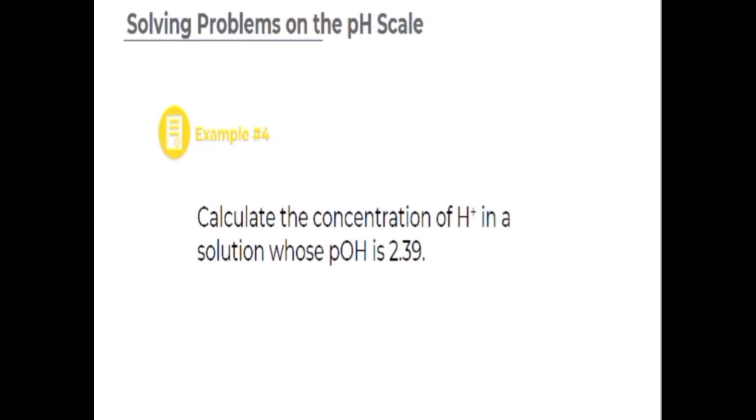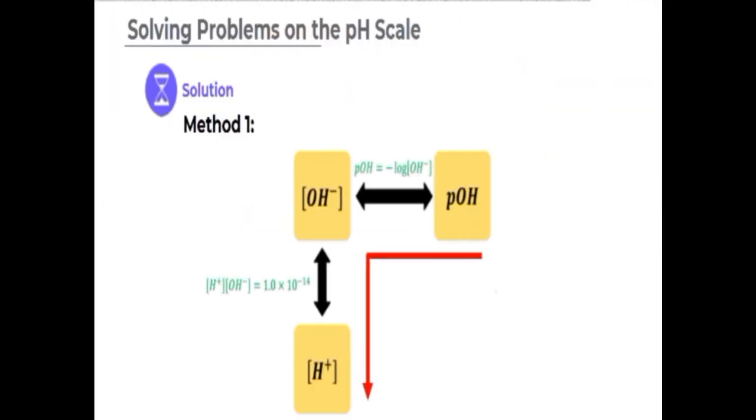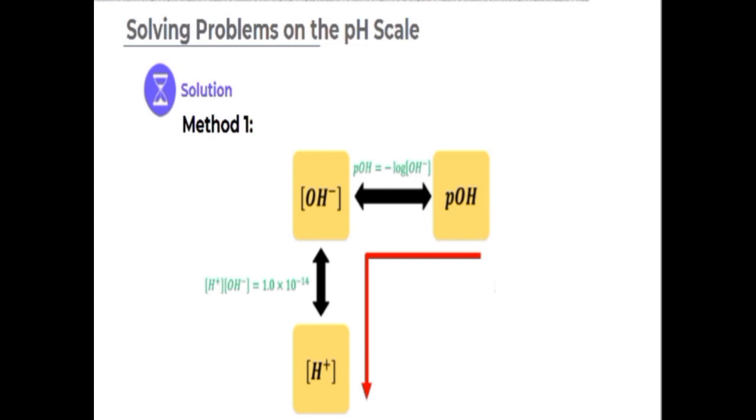Example 4. Calculate the concentration of hydrogen ion in a solution whose pOH is 2.39. We have two methods by which hydrogen ion concentration can be calculated from the pOH. The first method involves converting pOH to hydroxide ion concentration, followed by converting hydroxide ion concentration to hydrogen ion concentration.